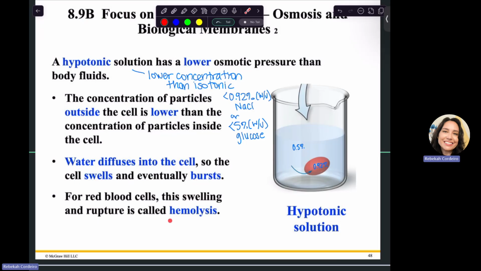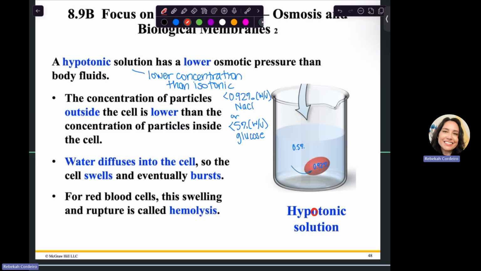We call this hemolysis. Heme meaning blood cell, right? And lysis meaning split or open up. So hypotonic, you can think about it as the O of hypo is what our cells will look like, really round and swollen.